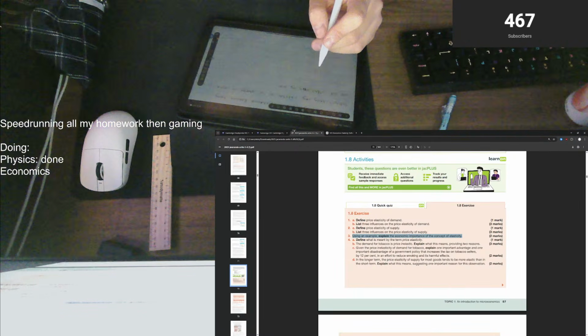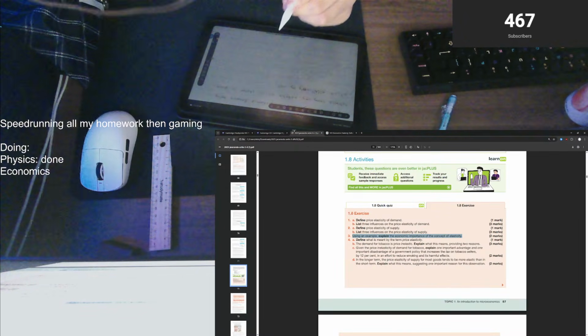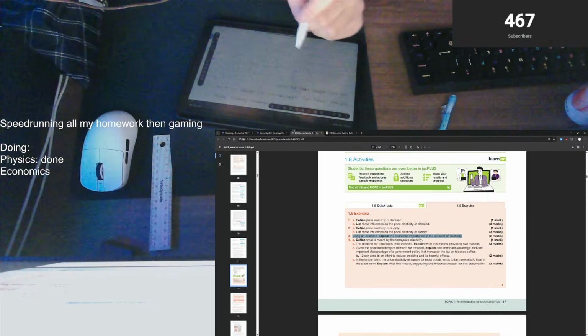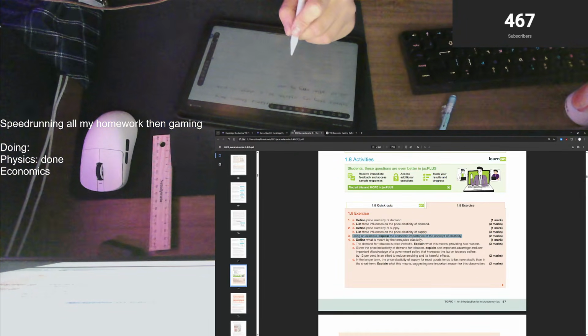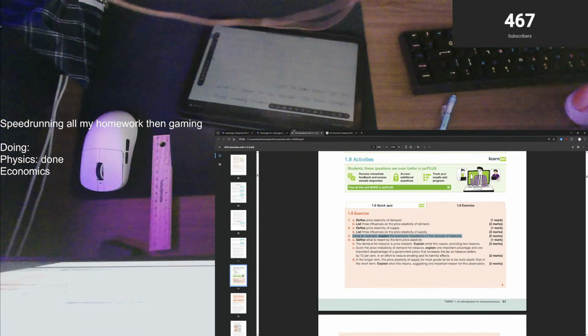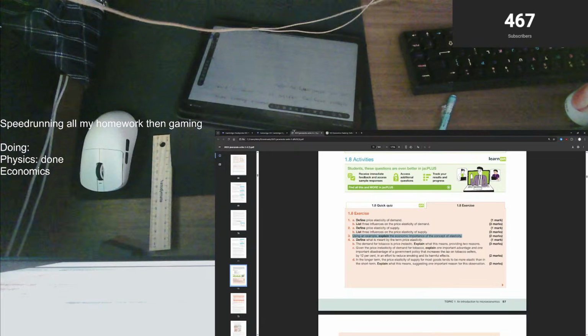Price elasticity of demand for tobacco. Explain one advantage and one disadvantage of a government policy that increases tax on tobacco sales by 12%.